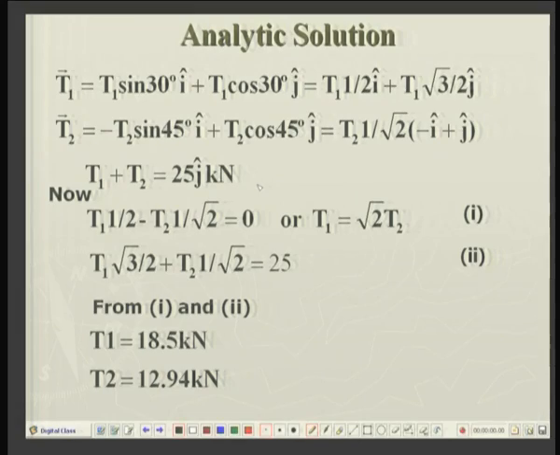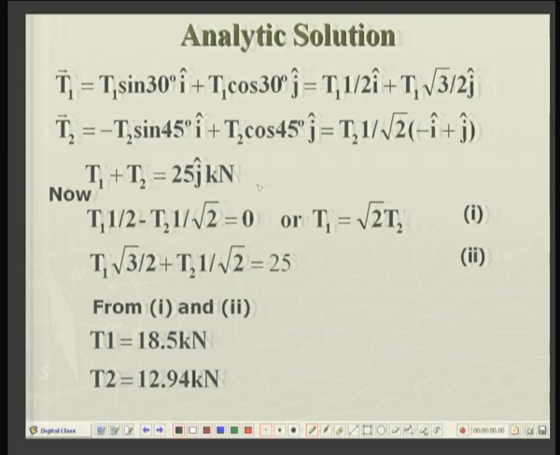Accordingly, vector T1 is equal to the magnitude of T1 divided by 2, that is sine of 30 degrees, in unit vector i, and T1 into sine of 60 degrees, that is root 3 by 2, in j. For T2, as I said, it will be in the negative x direction.